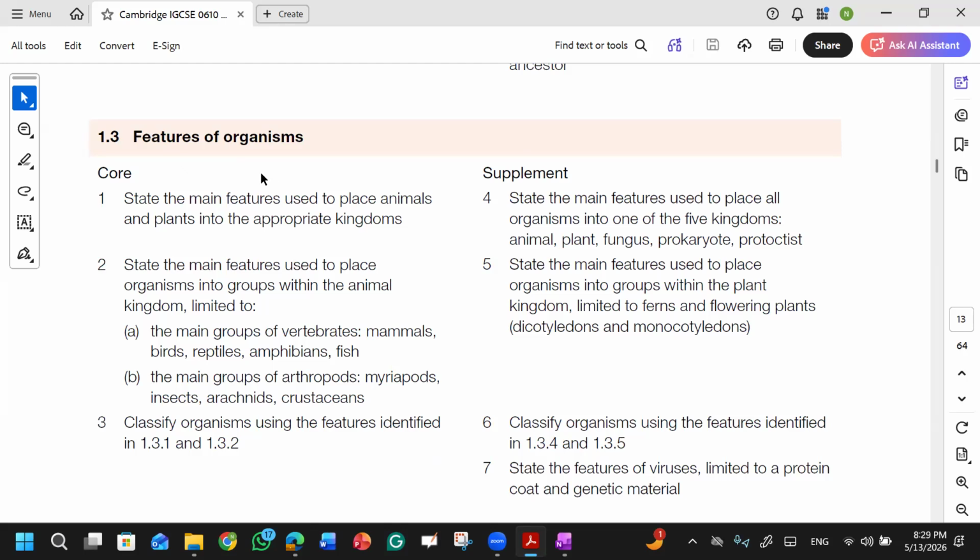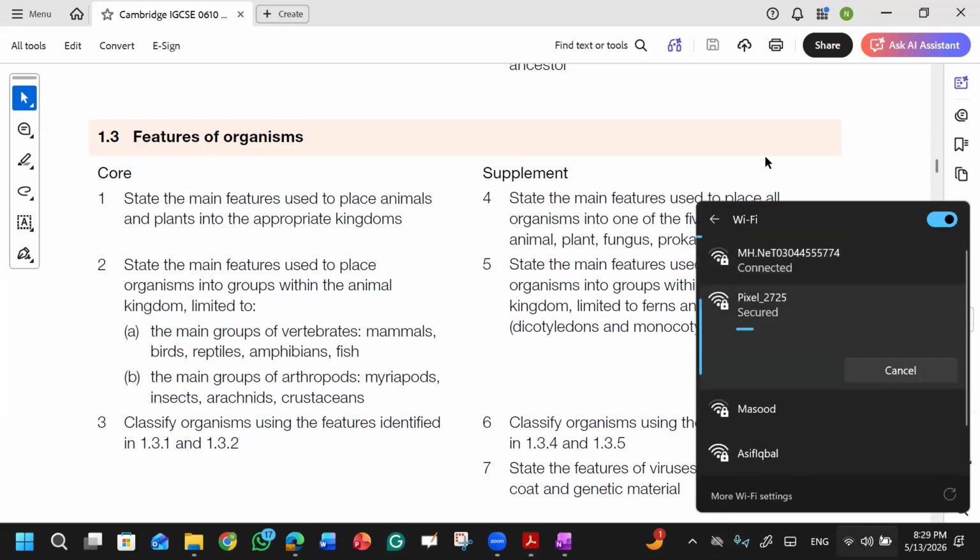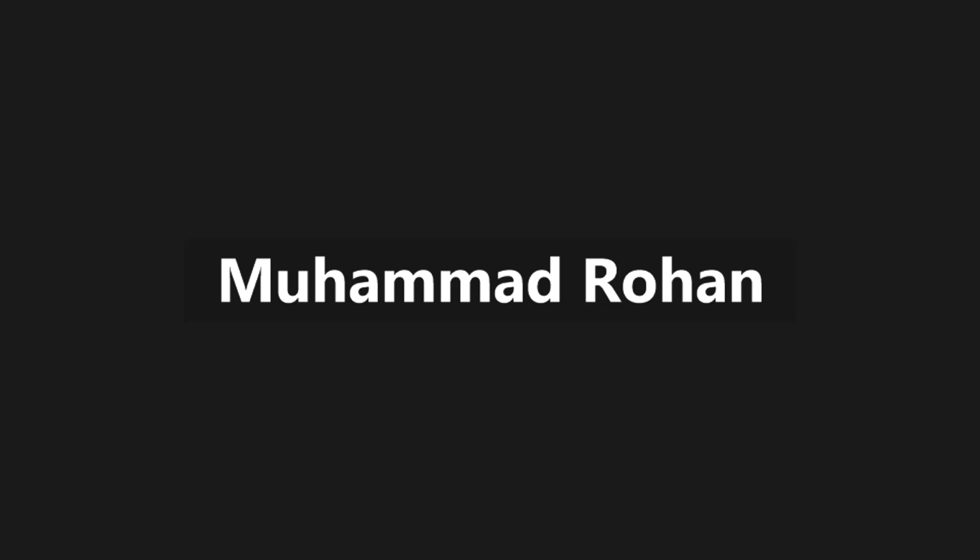Now we started section number three, which is about features of organisms. In the features of organisms, we will now discuss the five kingdoms. What are the five kingdoms? We started yesterday.